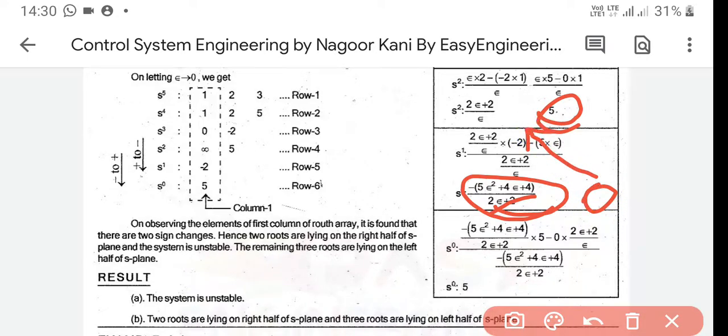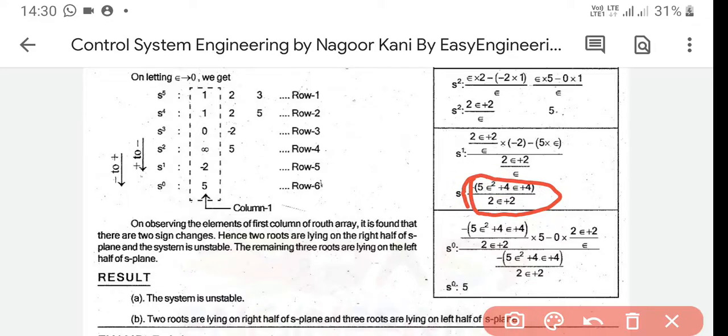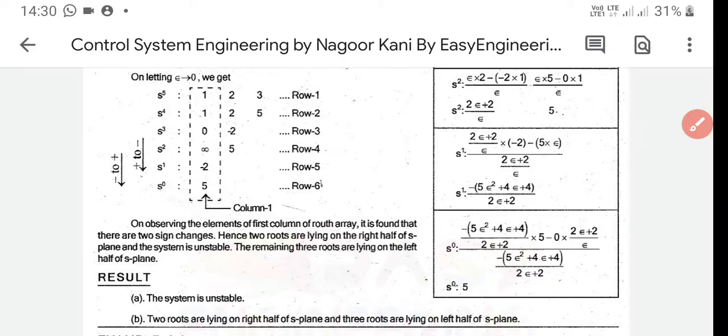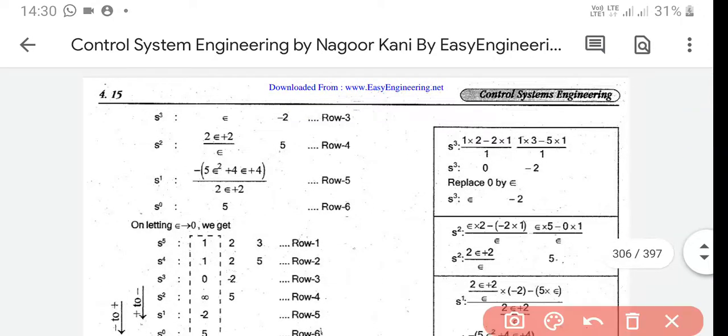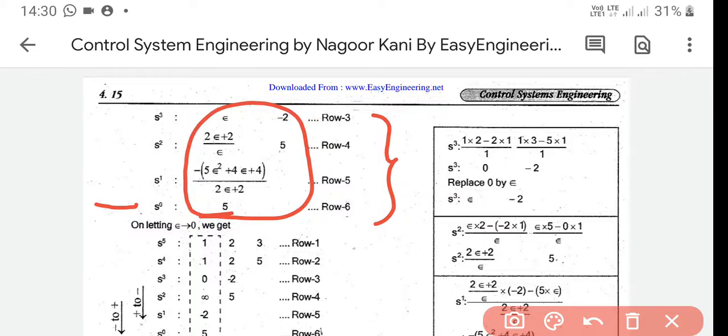So 0 into 2 epsilon plus 2 divided by epsilon, divided by the coefficient, which is the s power 1 element, minus of 5 epsilon square plus 4 epsilon plus 4 divided by 2 epsilon plus 2. Okay, so now this value is 0, and here the elements get cancelled, so finally the value is 5. So you have constructed the row array up to s power 0. These are the rows and these are the elements of the given rows.